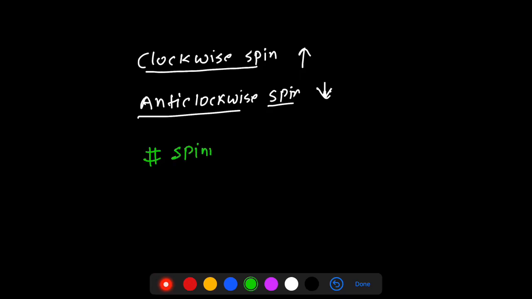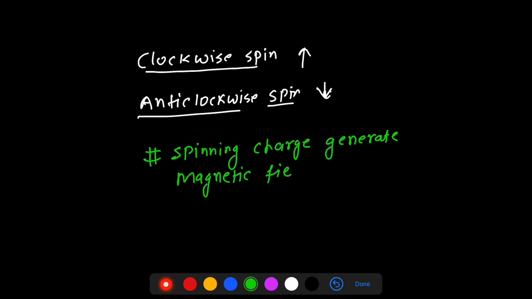Fine. One thing you should keep in mind for now, you will learn it later in physics also, that spinning charges, if the charges move or they are spinning, they will generate a magnetic field around them. Fine.